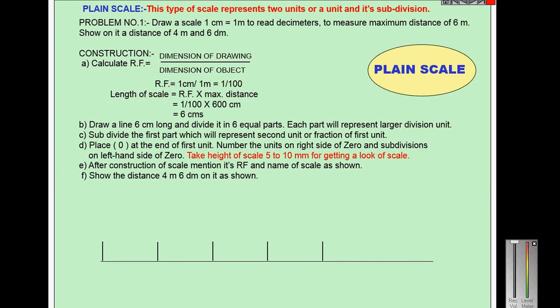and divide it into 6 equal parts. So divide the 6 centimeter long line into 6 equal parts, and each part will represent 1 meter.